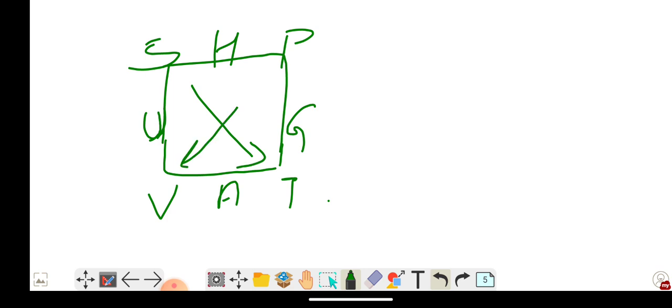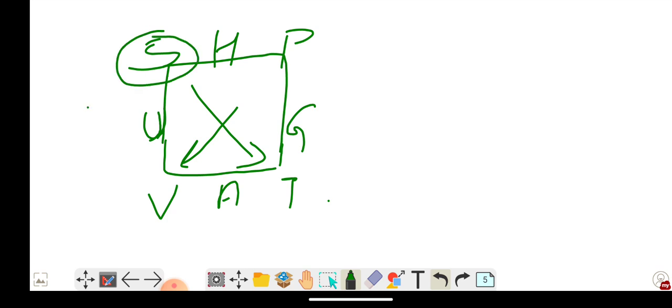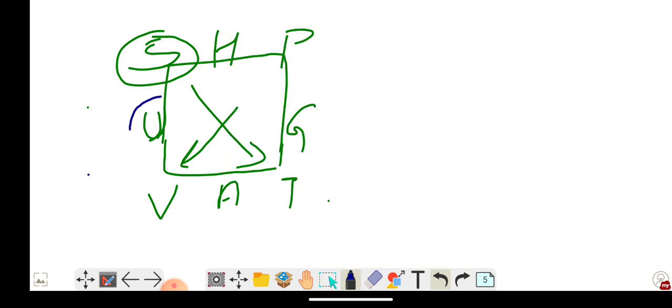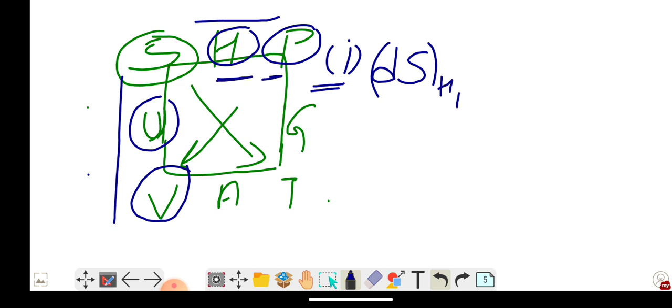Now firstly we have S. U and V are in a straight line with S, and H and P are in a straight line with S. So the first spontaneity criteria in terms of dS: dS at constant H and P is greater than 0, and for dS and dP we write the greater than 0 sign, and for all others we have less than.